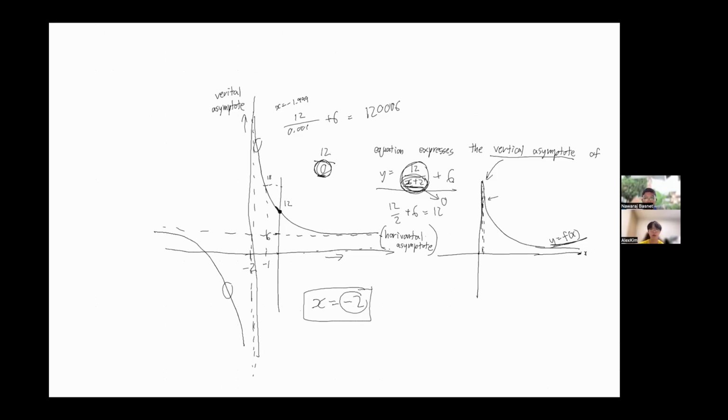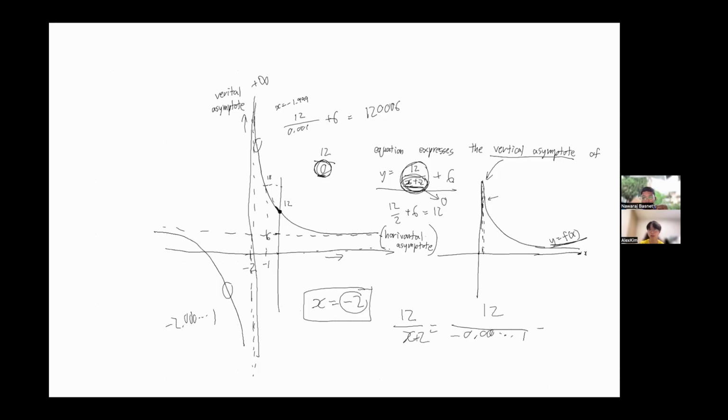Yes, sir. So even if x does not equal -2, if it's a bit bigger than that, coming from the right side, it approaches positive infinity for the y value. And if it comes from the left, let's say like -2.0001, a bit lower than -2, you can see that this bottom part will reach -0.000, a lot of zeros, 1, and 12 on top.